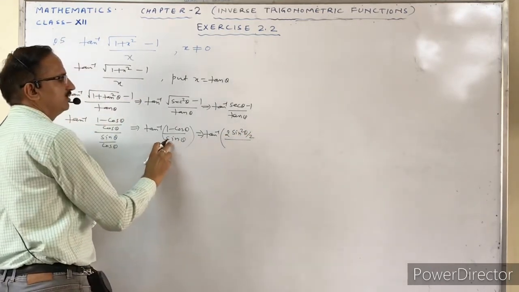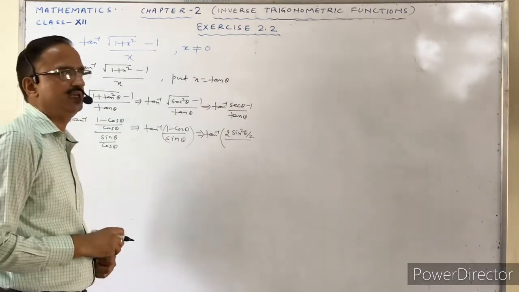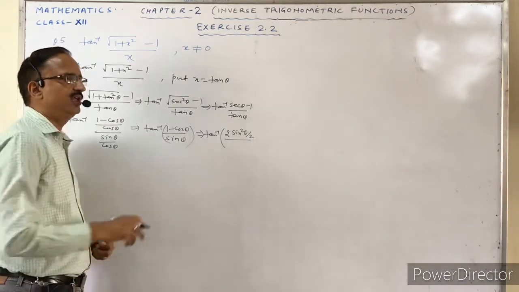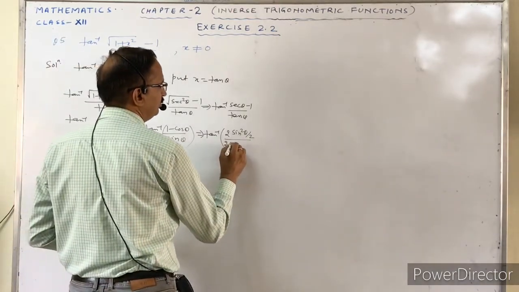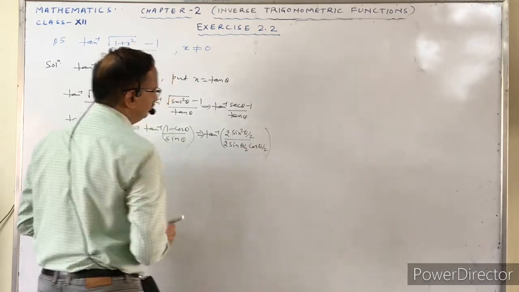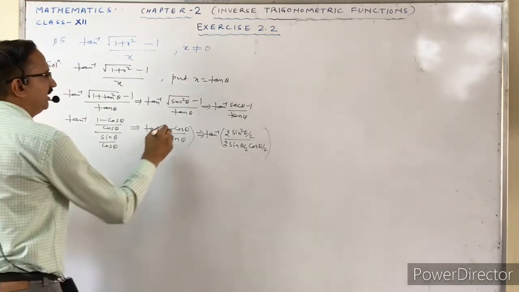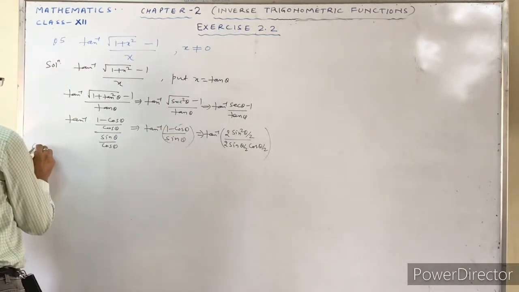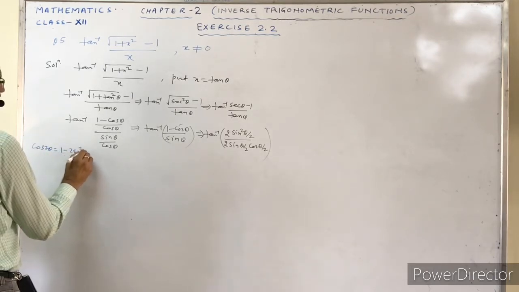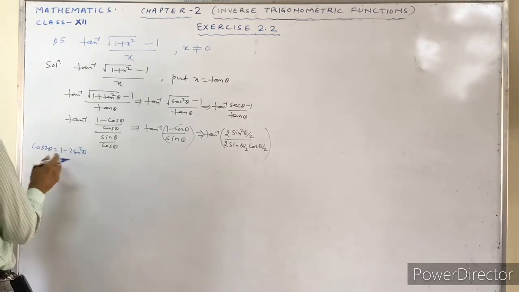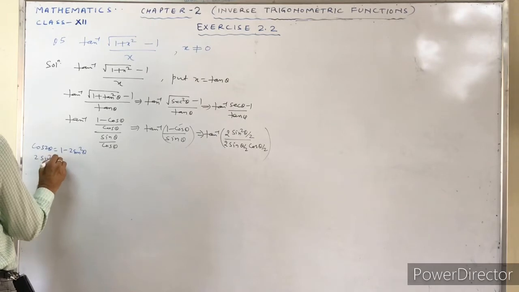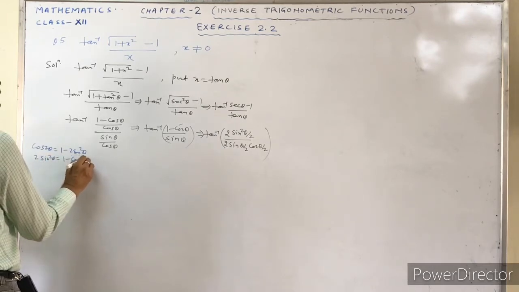Here I am using the formula cos 2 theta equals 1 minus 2 sin square theta. When we transfer the terms, we get 2 sin square theta equals 1 minus cos 2 theta.